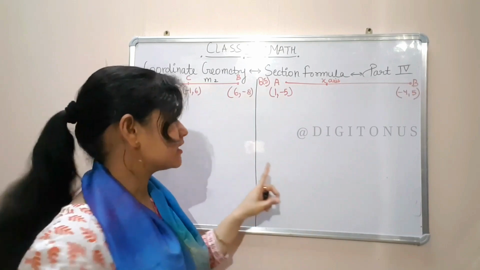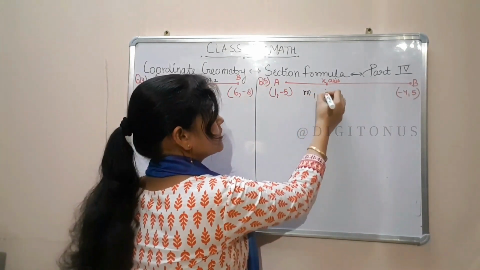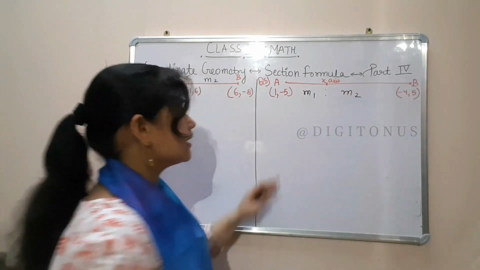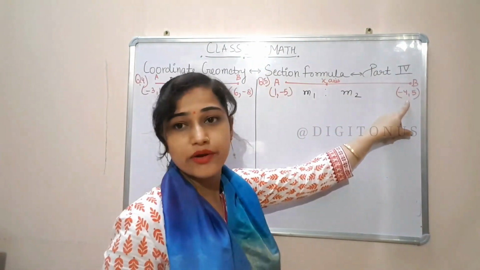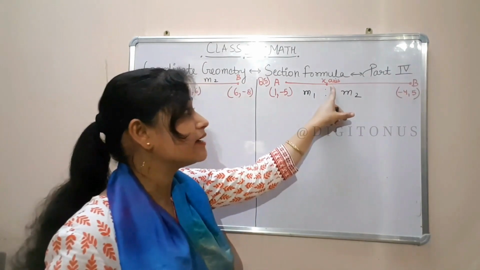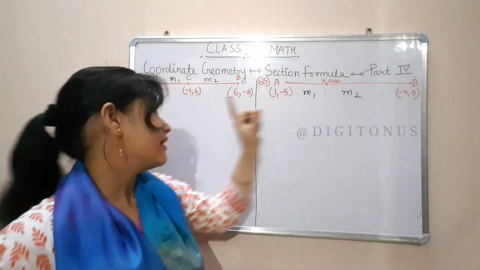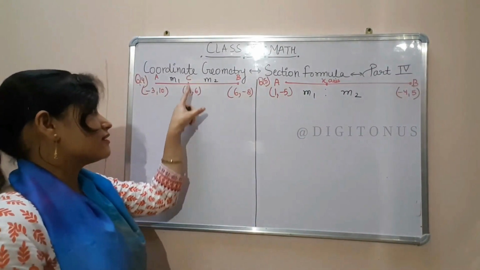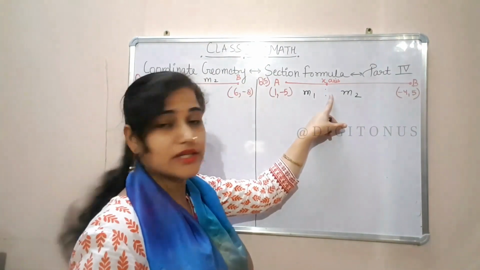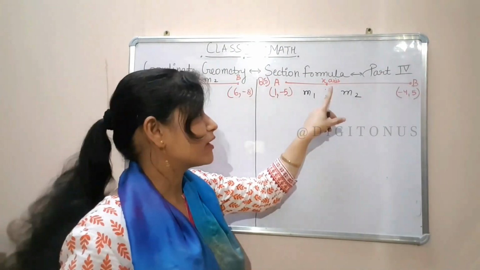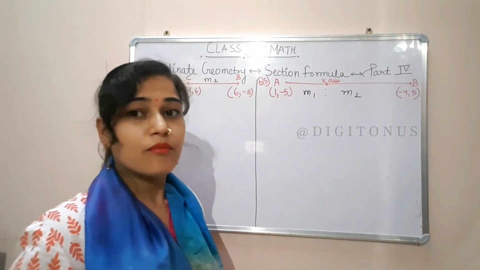Same question, find the ratio. It means M1 ratio M2 in which line segment joining the points A and B is divided by x-axis. In this question, this point coordinate points are given, but in this question they are saying that this point is on x-axis. That's it.